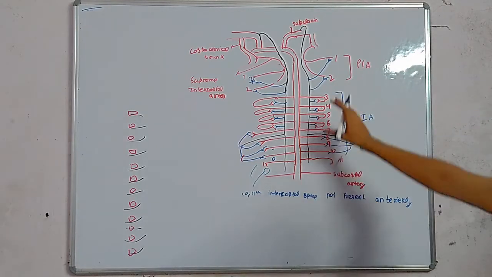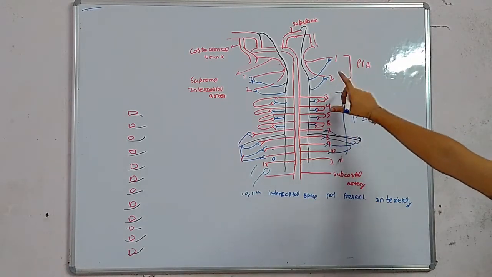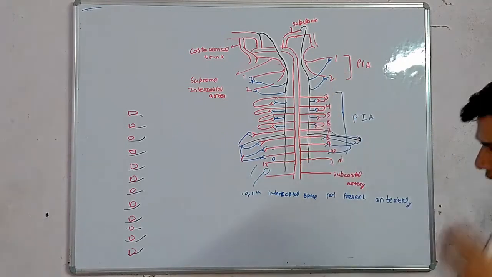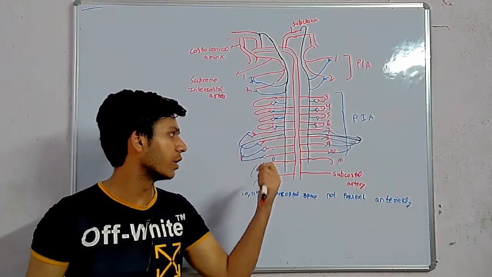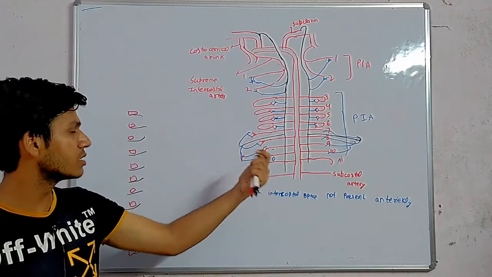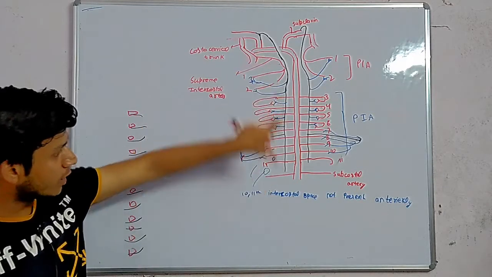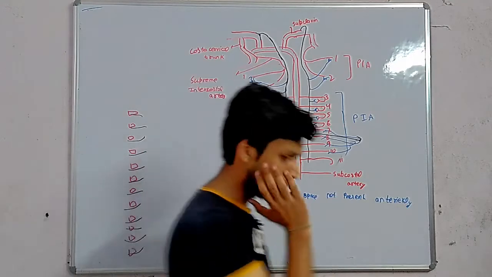So 6 intercostal spaces are supplied by the internal thoracic artery and the other spaces, 7 to 10, by the musculophrenic artery anteriorly. Anterior intercostal arteries get 2. This is the whole pattern of thoracic arteries in the thorax.